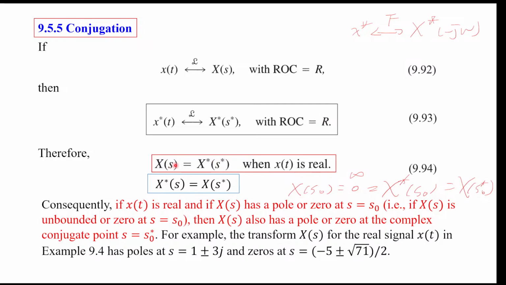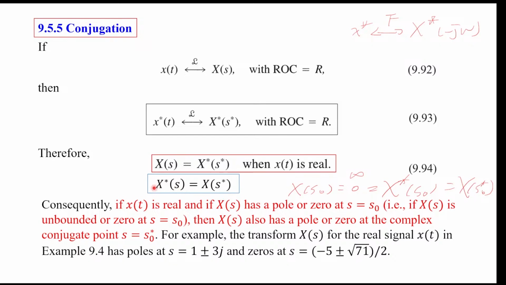Then we do what we usually do. That is, we look at the real function. So real function means that x of t equals x star of t, and that means big X of s should equal big X star of s star. So this is what happens when things are real.